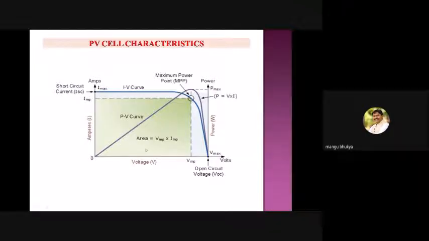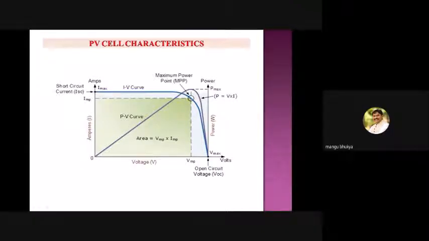In terms of mathematics, it is a straight line passing through the origin with a positive slope, and here it has a negative slope. Suppose on the x-axis we have the voltage parameter, and on the y-axis we have the power parameter.